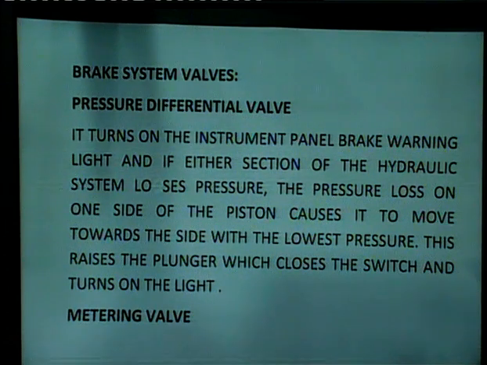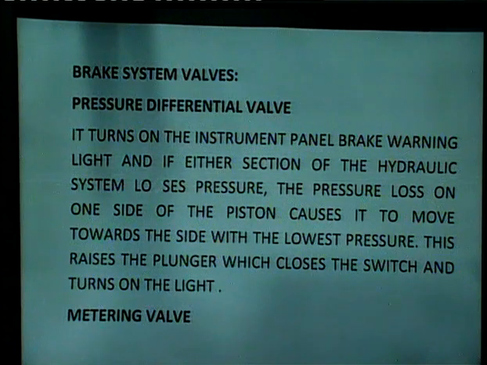Had there been any malfunctioning in the system, it would be displayed on our panel and easily noticed by the driver. So, in the brake system valves, number 1 is the pressure differential valve.